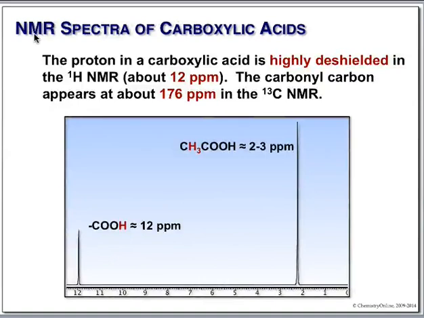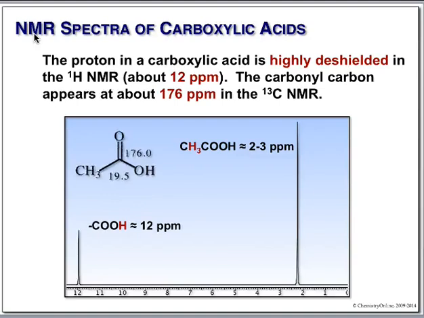range. For the C13 NMR, we know that aldehydes and ketones are typically about 200 parts per million. The whole acyl family, and in the next couple chapters we're going to do the introduction to the term acyl, they're all carboxylic acid derivatives, but they tend to be in the 170s.